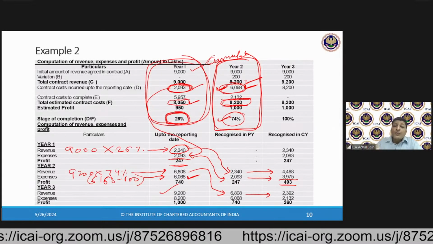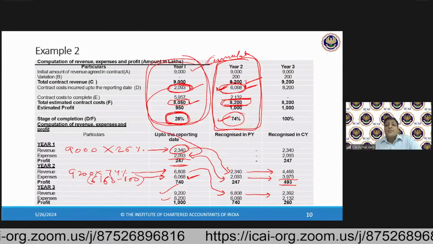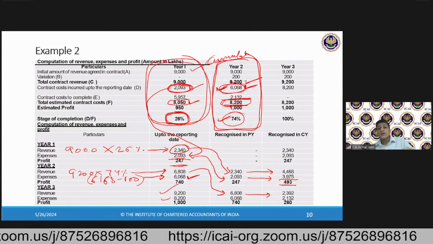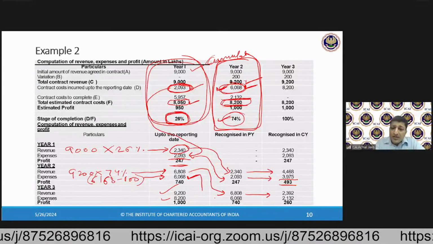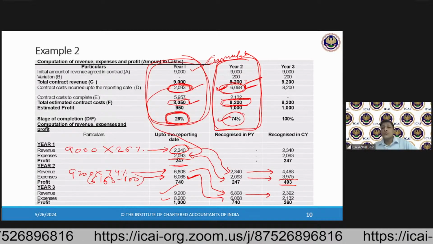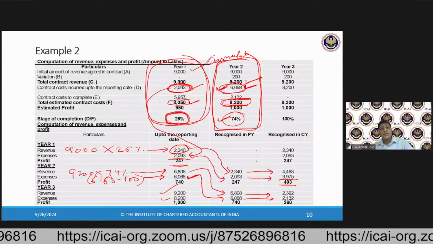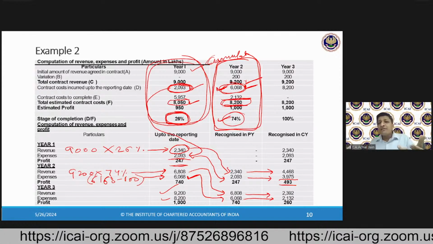Now, total cumulative expense up to year 3 will be 8,200, out of which cumulative expense up to year 2 has been recognized as 6,068. So in third year, the amount of cost that you will recognize is 2,132.